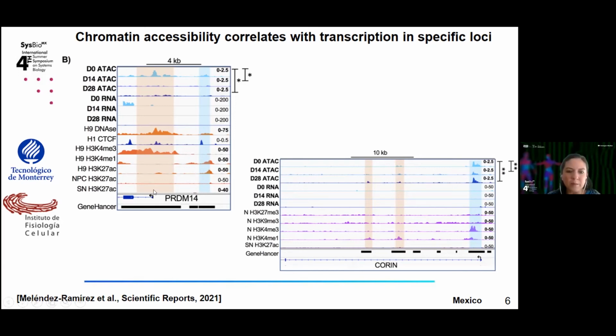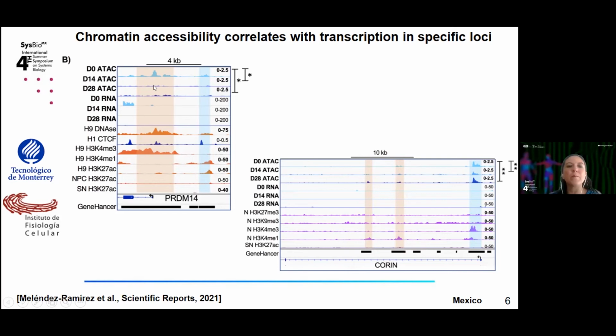So here we see some examples. PRDM14 is a gene, a protein. It's actually a transcription factor that is important for pluripotency. And we see that at day 0, it has accessible regions. Here we have the exons. There are accessible regions in the promoter, and there are also some intergenic and intronic accessible regions.